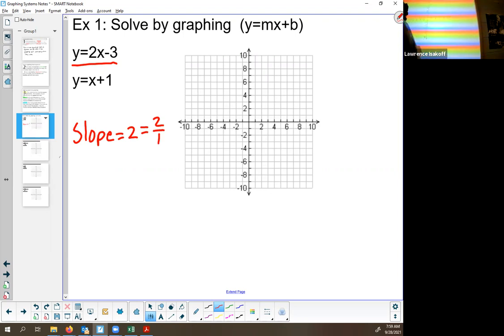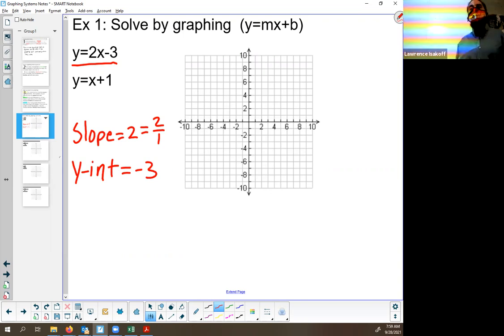I can write that as 2 over 1. So that tells me to go up 2, right 1. What's my y-intercept here? -3. So my y-intercept for the equation in red equals -3.